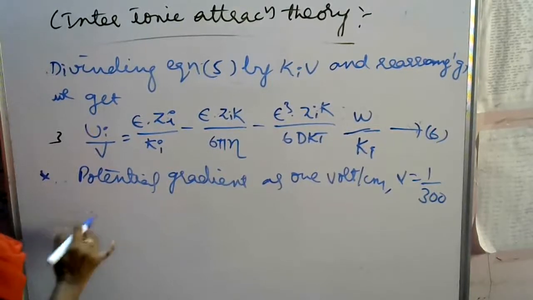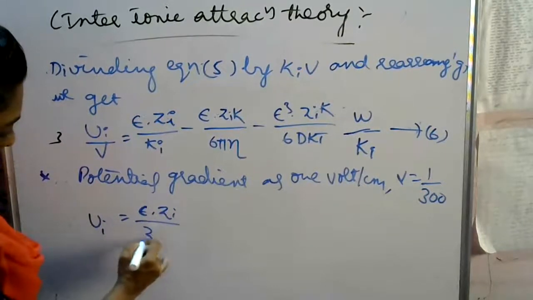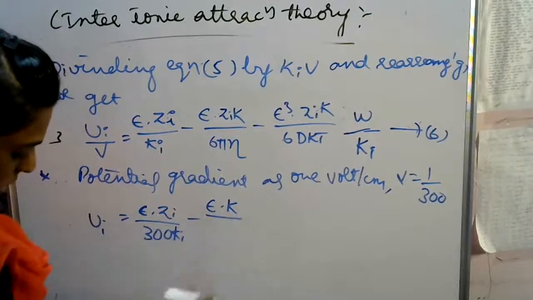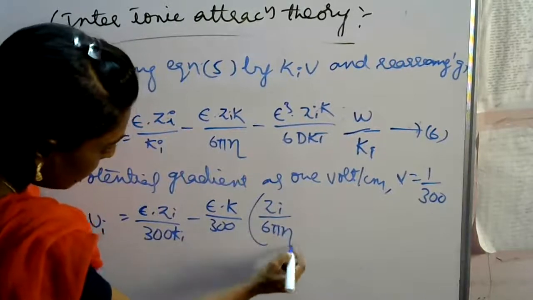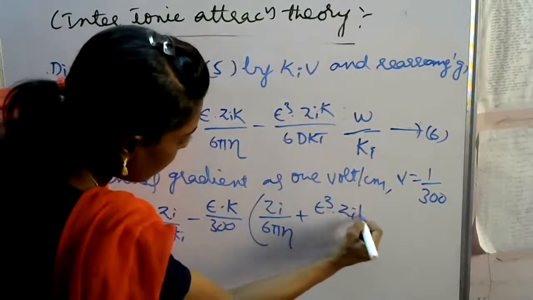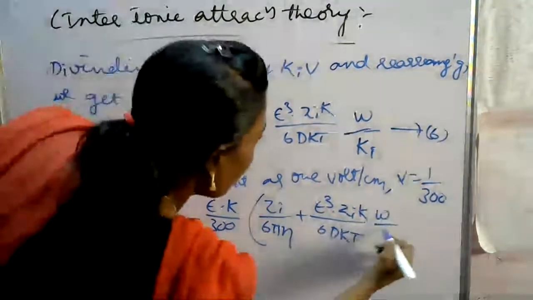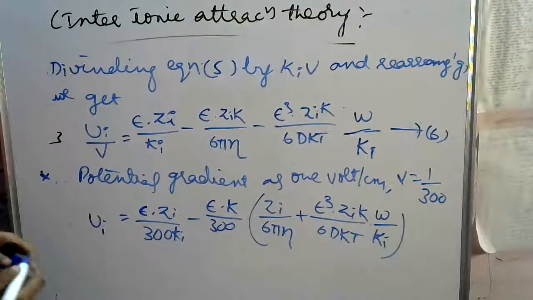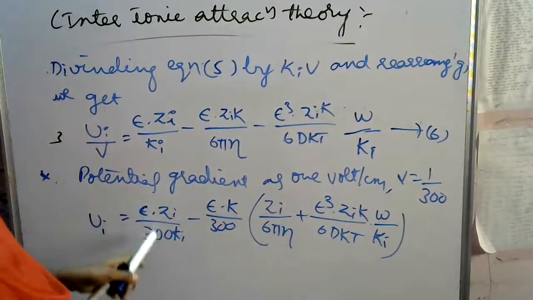U_i is equal to epsilon Z_i by 300 K_i minus epsilon K by 300 into Z_i by 6 pi eta plus epsilon cube Z_i K by 6 d K T, omega by K_i. If we send this term to this side, what will we get?